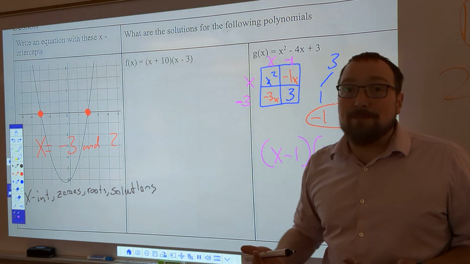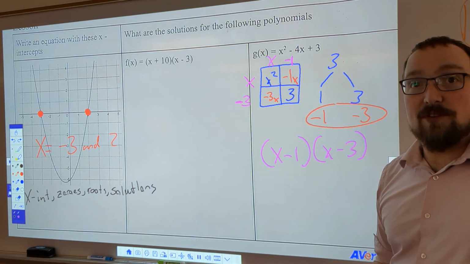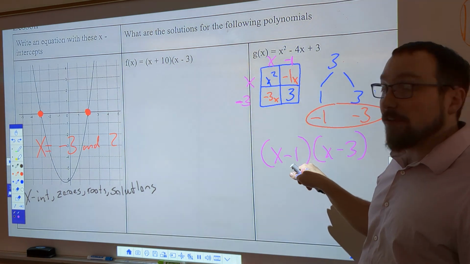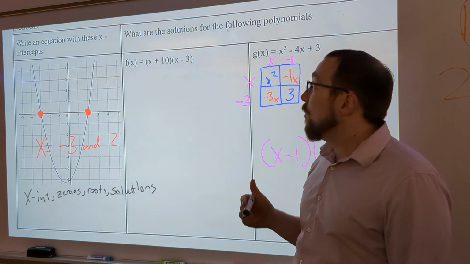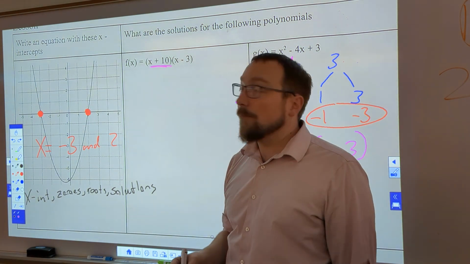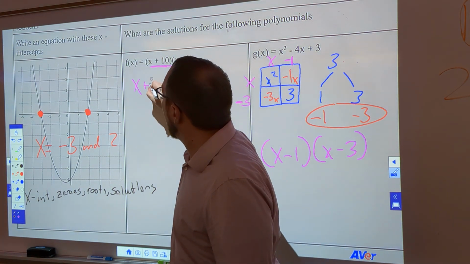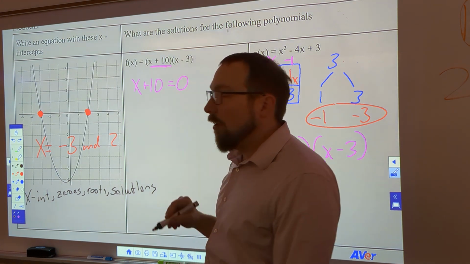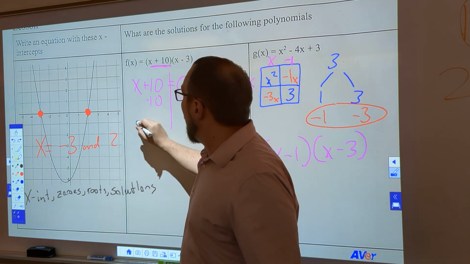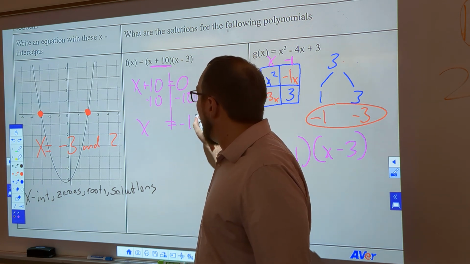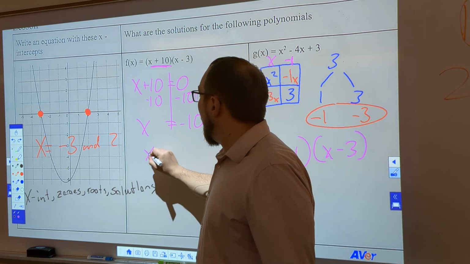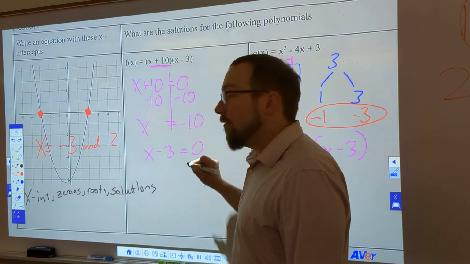Factoring is one of the options to find out our x-intercepts. The way we do it from here, once we've got a factored version, we just ask ourselves, okay, when does this part equal 0? When would x plus 10 equal 0? Well, to do that, I'll just subtract 10 off of both sides and end up with x equals negative 10. And then for this one, I'll say, when does x minus 3 equal 0?